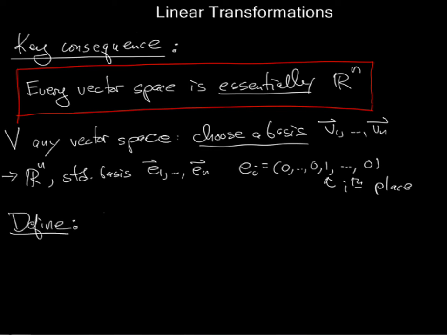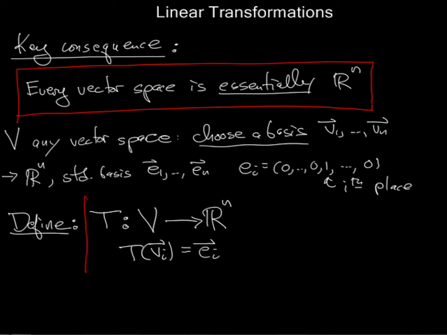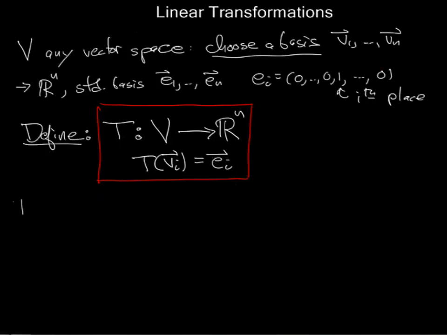So I'm going to define a linear transformation from my vector space to Rn. Well, simply define it to take Vi to Ei. I'm allowed to do that. To give a linear transformation between two vector spaces, it's enough to tell you what it is on the basis. And it's clear that T is a one-to-one and onto map from V to Rn.